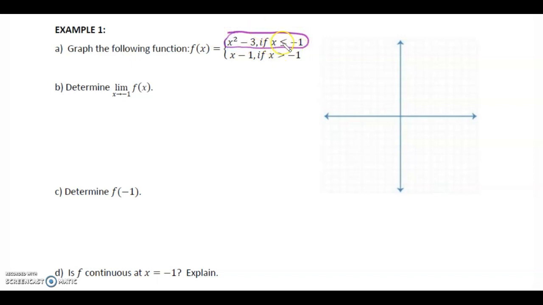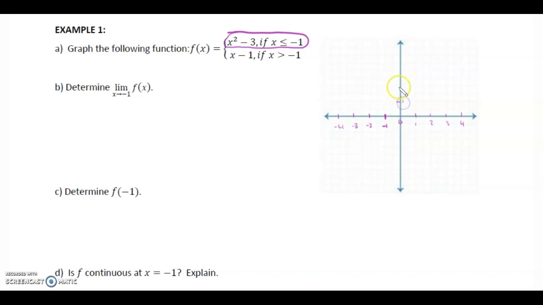So let's map out our domain. X is less than or equal to -1. So let's go every two boxes. -1, -2, -3, -4. And this is going to be 1, 2, 3, 4. Obviously 0 in the middle.